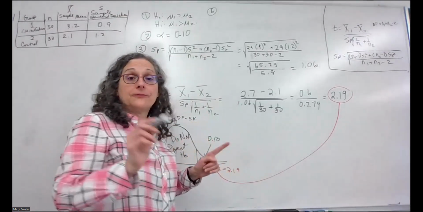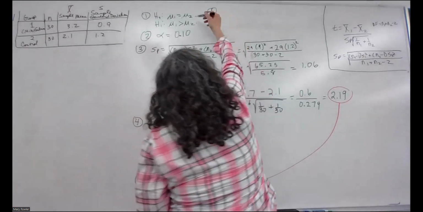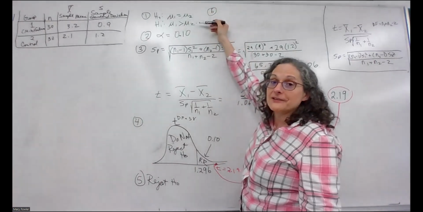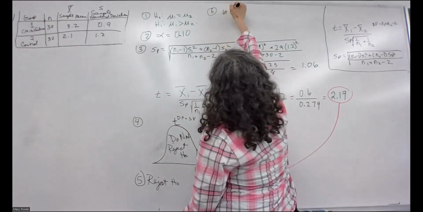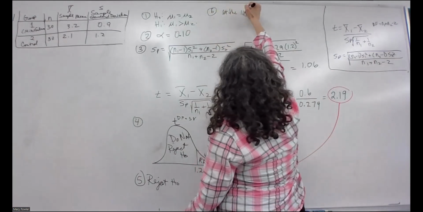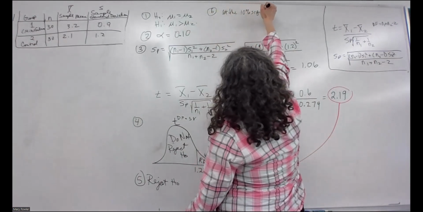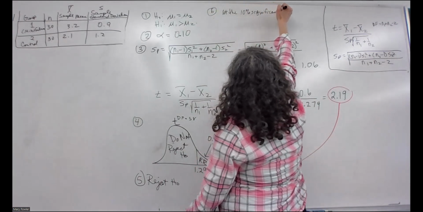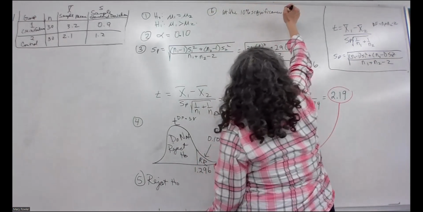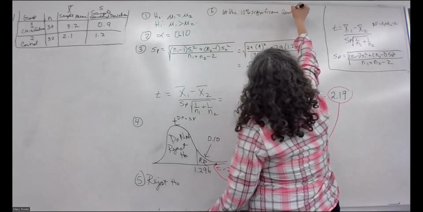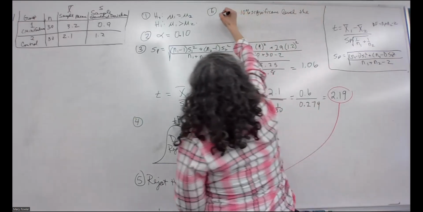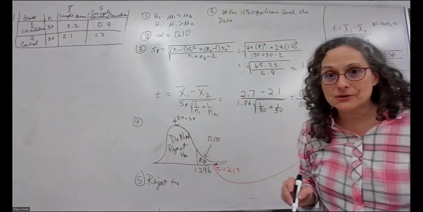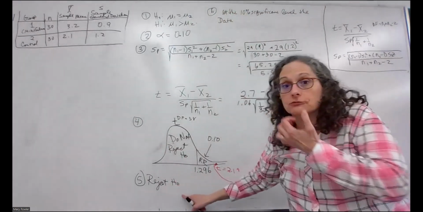Okay, and for the final step, step 6, I'll write it up here because really we use the information from these steps to help us write it. So at the 10% significance level, the data does provide evidence because we did reject.